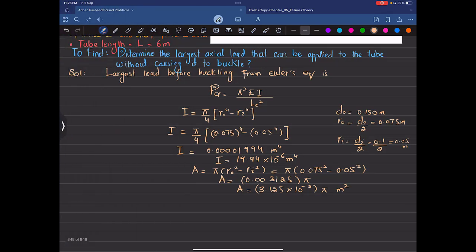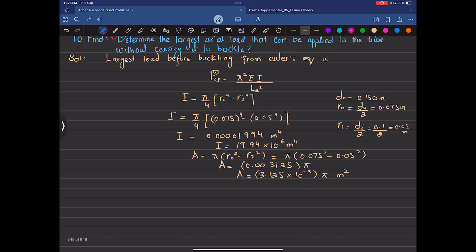Now what will be the value of E? You can see that the E value and yield stress will be taken from the average mechanical properties table that is available at the end of this book.